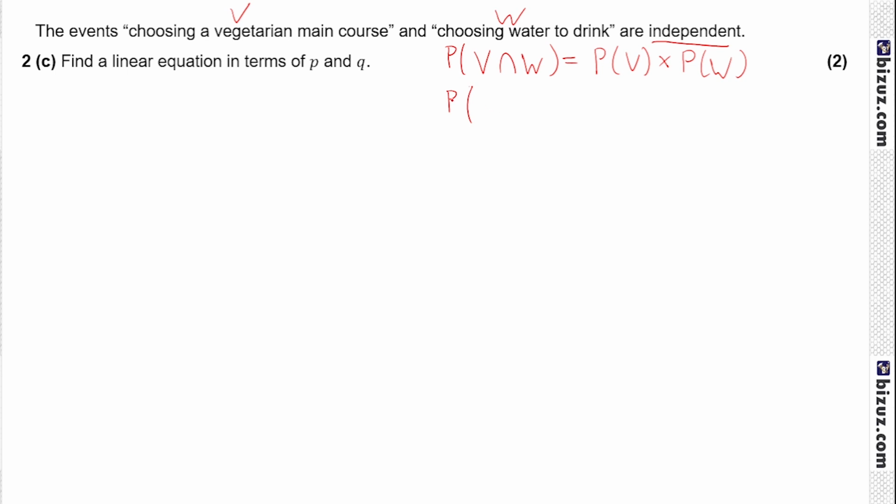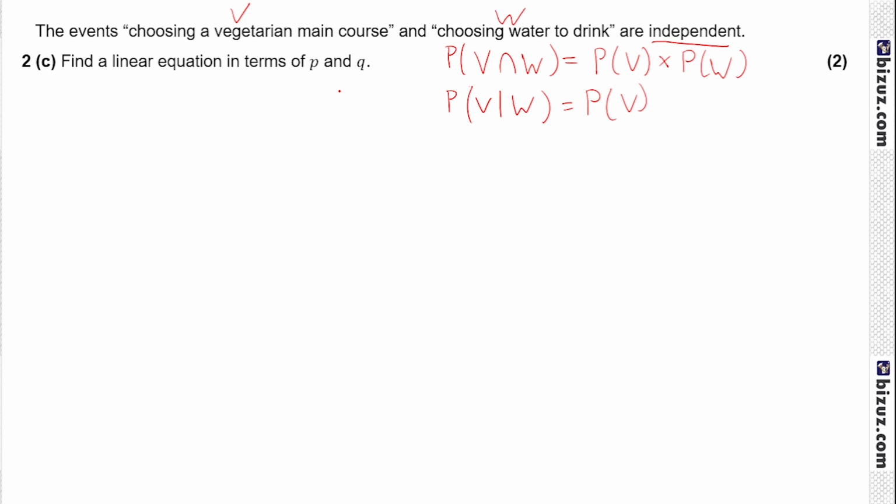So you could say something like this: the probability of V given W, it doesn't matter whether W happens or not, so the probability of V is going to be the same. So the probability of V given W is still the same as the probability of V. Or you could do this by interchanging those positions too: W given V is the probability of W.